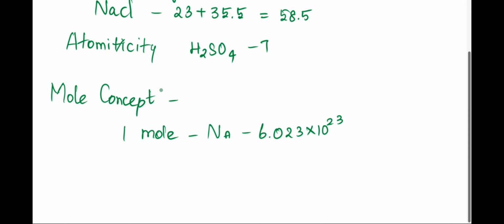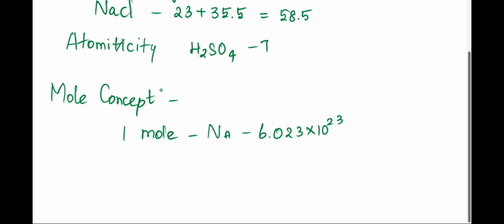If I'm considering 1 mole of apples, then that is equal to 6.023 into 10 to the power 23 apples. So don't get confused about what this number refers to. It refers to whatever you are taking.